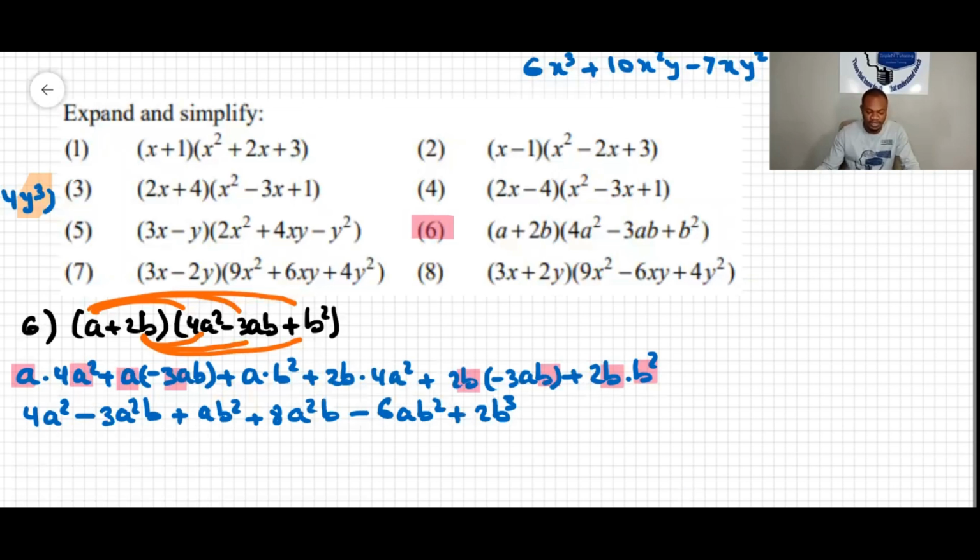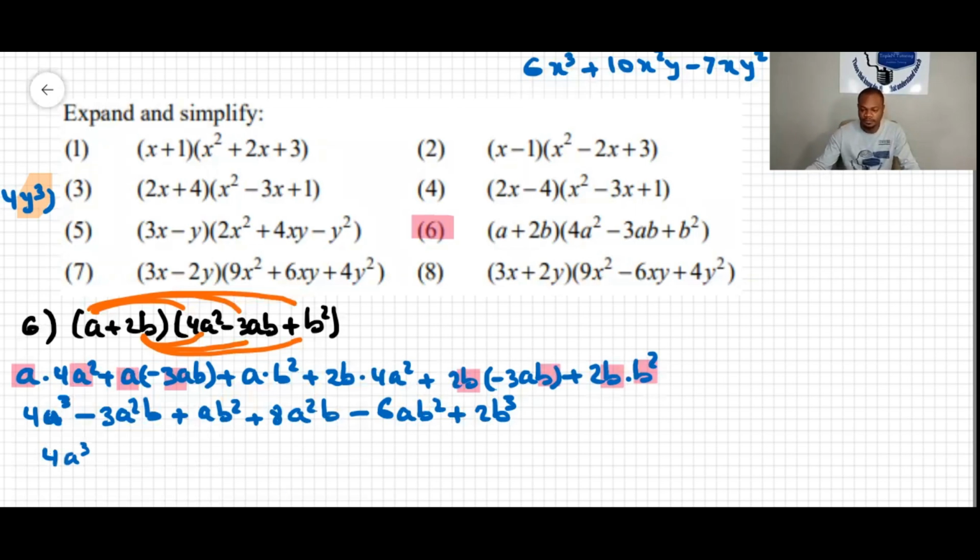Now, okay, over here it was not a squared but a to the power 3. So we can correct that. So this makes a to the power 3 over here.